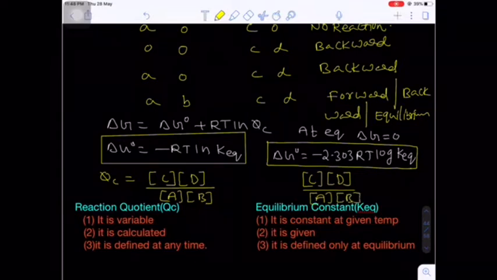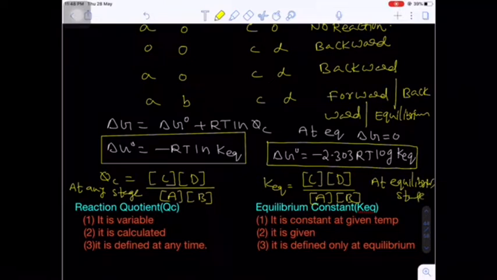Okay. Now the difference between K equilibrium, that is the equilibrium constant, and the reaction quotient. The reaction quotient can be defined at any time interval, but the equilibrium constant is defined only at the equilibrium stage. This is very important.